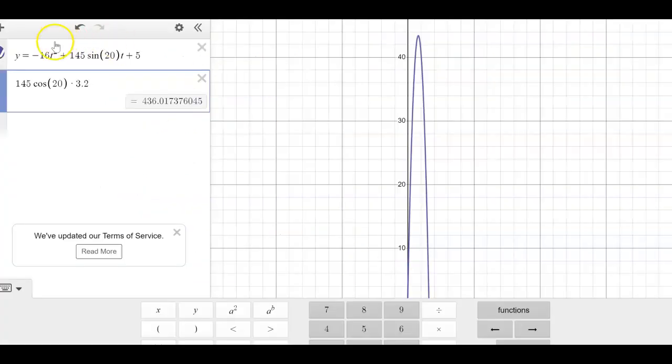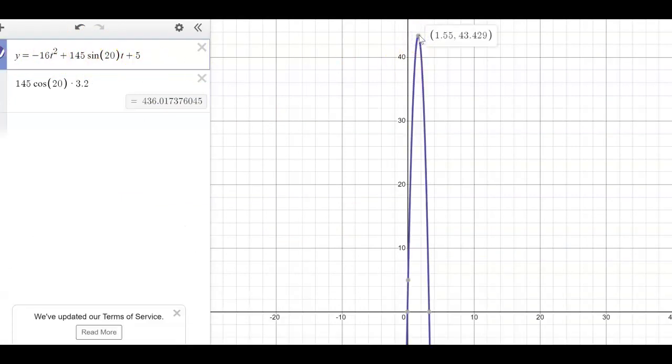So let's go back to Desmos and look at that graph. We've graphed the y. Okay, that's what we're dealing with again. And we want to know what's going on with that peak. So the peak is going to happen at 1.55 seconds, and that maximum height is going to be 43.4 feet.